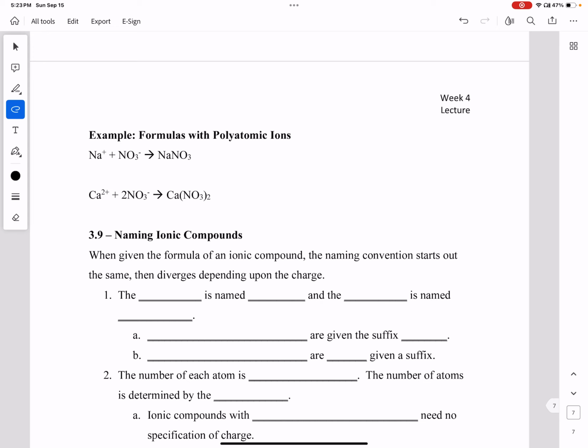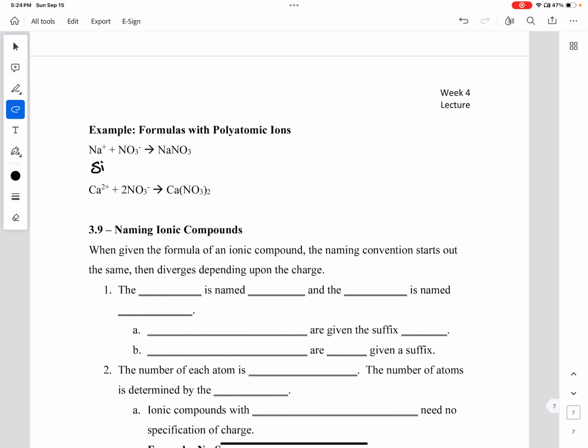In this first example, I have sodium and nitrate, and those have equal and opposite charges. They just go together on a one-to-one basis, so we have a single polyatomic ion, nothing special. But with calcium nitrate, I have 2 nitrate ions. Since I'm viewing that NO3 formula as its own single unit, I'm putting that 2 in front of it to indicate that there are 2 of that single unit.